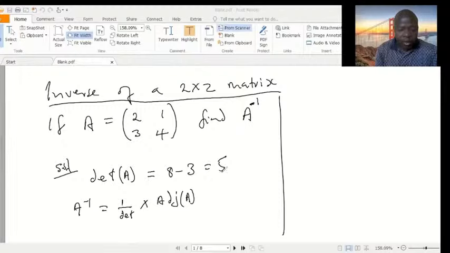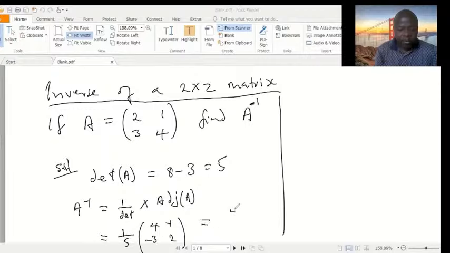We know the determinant here is 5. So the inverse of this matrix is 1 out of 5 times the adjoint of A. The adjoint of A, let's interchange this, 4, 2, and interchange the sign here, -3, -1.